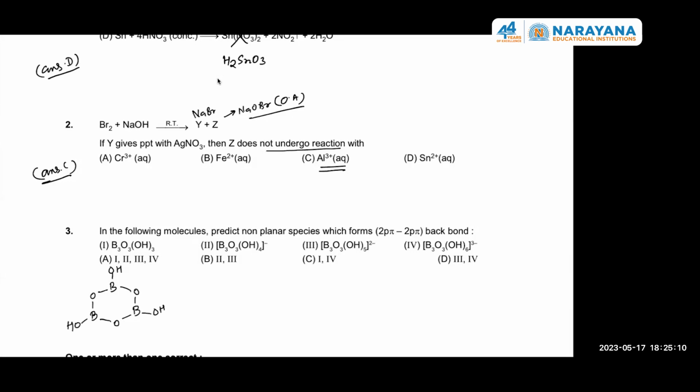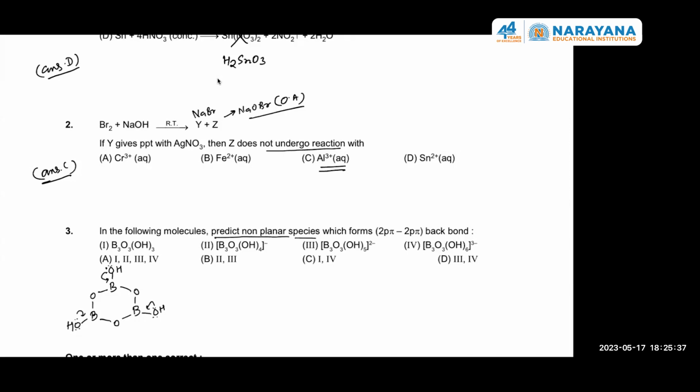So first of all, this structure has 2p pi back bonding because of this OH. Now we have to predict the non-planar species which forms 2p pi back bond.